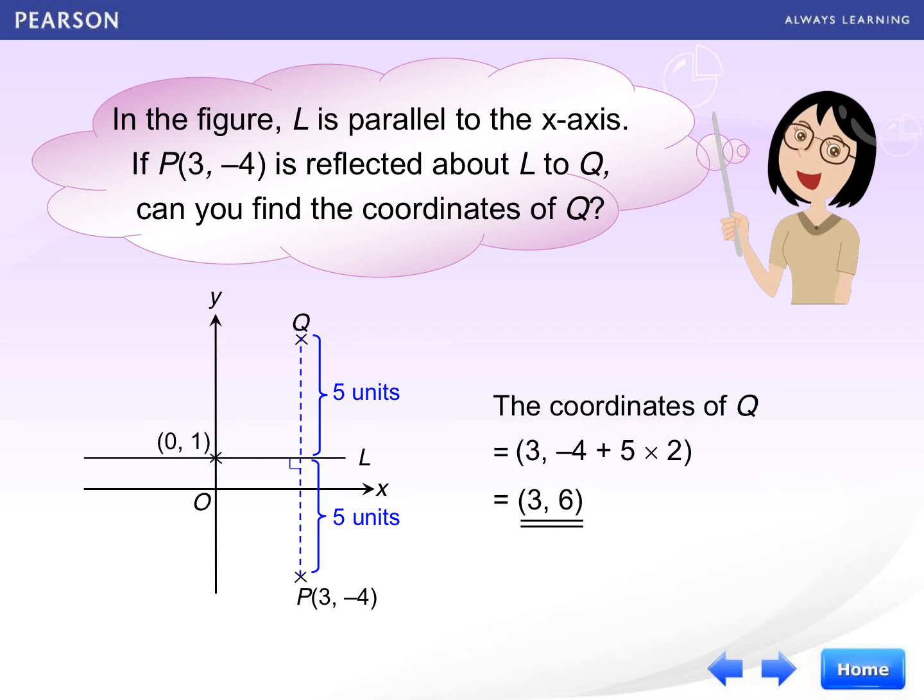Or you can say add 10 to -4, which equals 6 as well. The x-coordinates of P and Q are the same, as PQ is a vertical line. Thus, the coordinates of Q are 3 and 6.